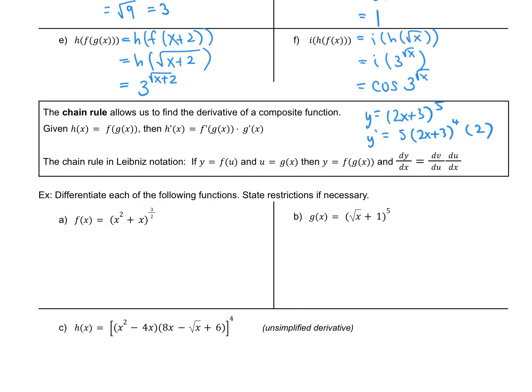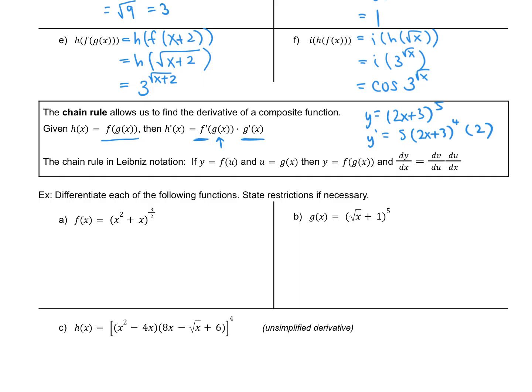So what we did here is we took the derivative of the outside function, which was something to the power of 5, and then we dealt with the inside function after, and that's exactly what the chain rule is. If I have a function f of g of x, its derivative is take the derivative of f first, copy paste g of x, then take the derivative of the inside function.